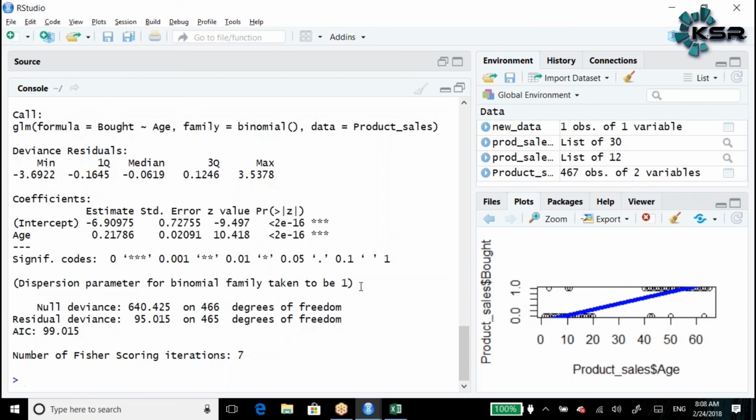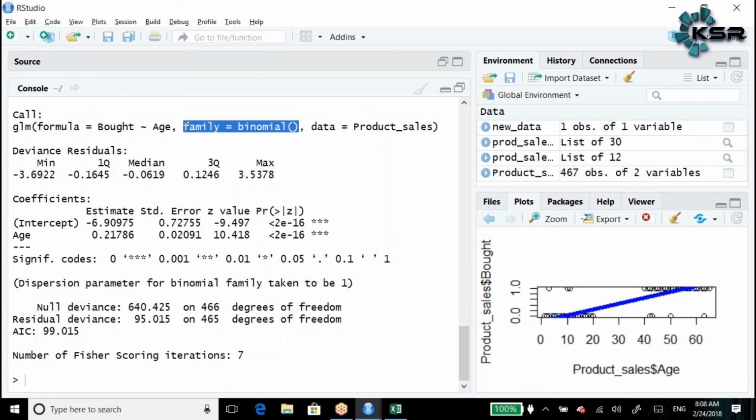For example, you may get that doubt. What happens if I mention family is equal to binomial?